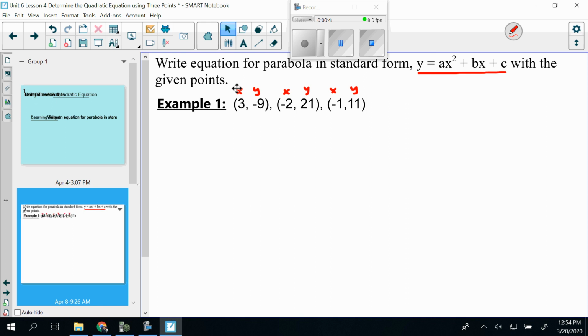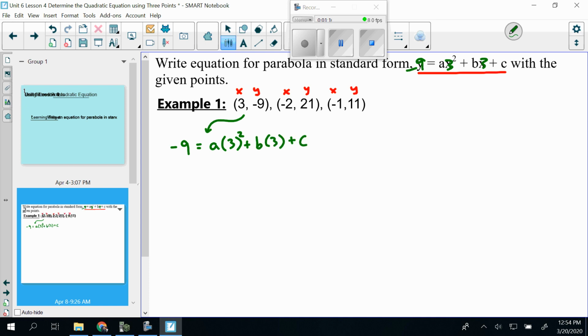So for example, using this first point here of 3, -9, let's plug -9 in for y here, and let's plug 3 in for both the x's and then see what that equation comes out to be. So it'll look like this: -9 equals a times 3 squared plus b times 3 plus c.